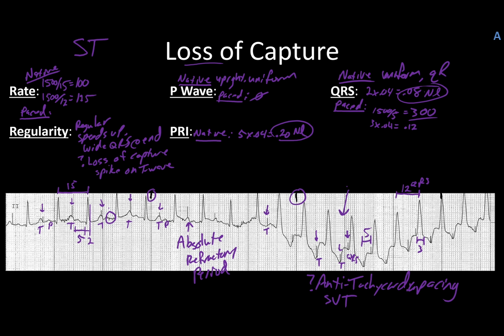So they're definitely wider than we were at the beginning, but still within normal limits there. And that just leaves us with a big old question mark, doesn't it? Whether these are truly paced or not.